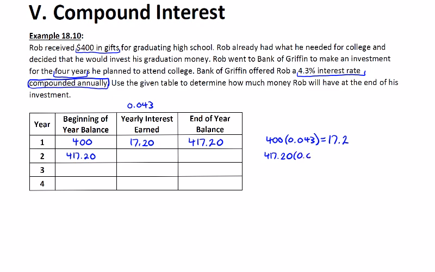So now take your interest rate, 0.043, multiply it by 417.20, and you'll want to see what you get from there. The 417.20 times 0.043 is going to have a few more decimal places. It's going to be 17.9396.